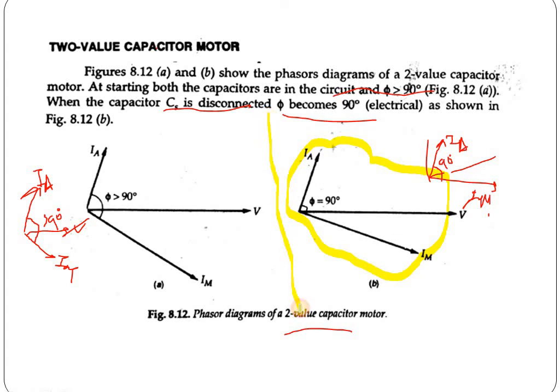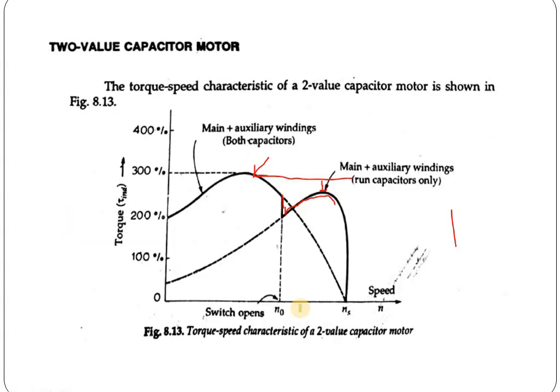The capacitor will not be removed at all. All the time this capacitor will be present. So that motor is known as the permanent split capacitor type. And definitely the nature of the torque speed characteristic curve will be just like this one.